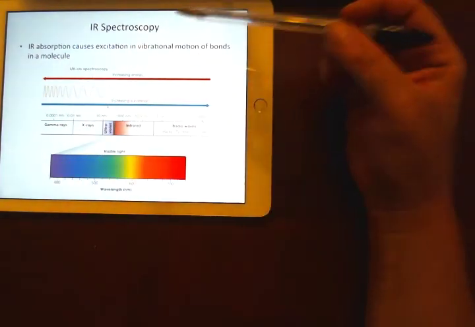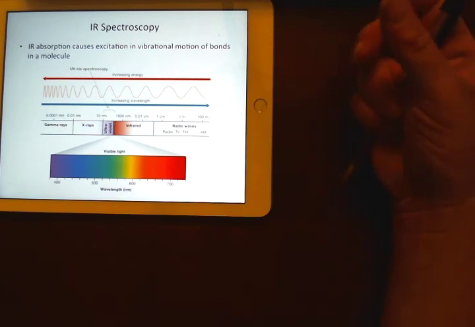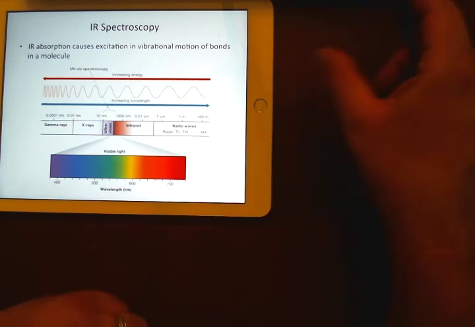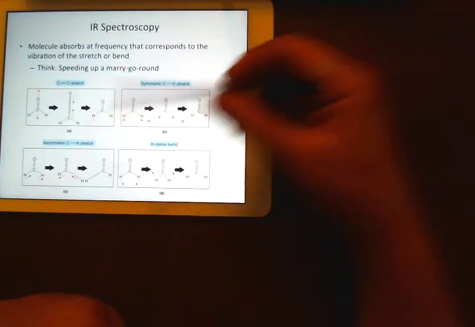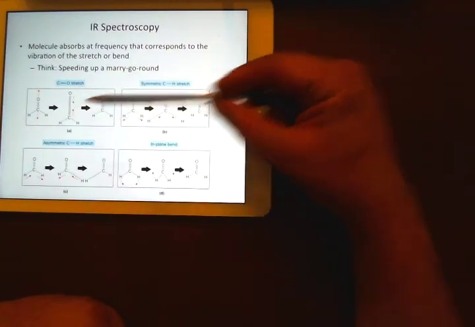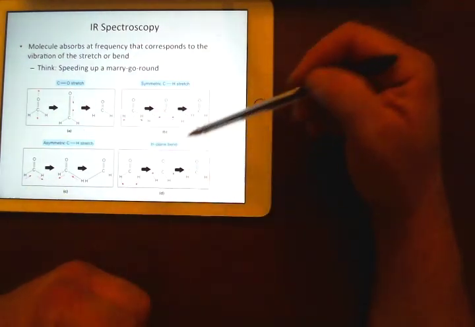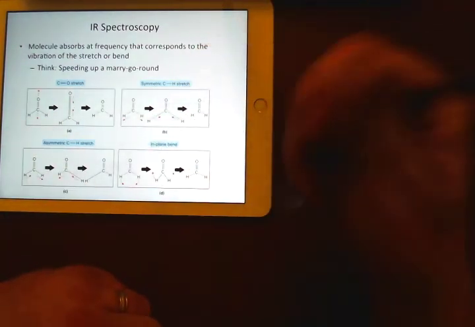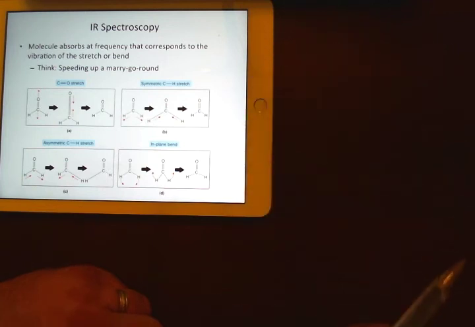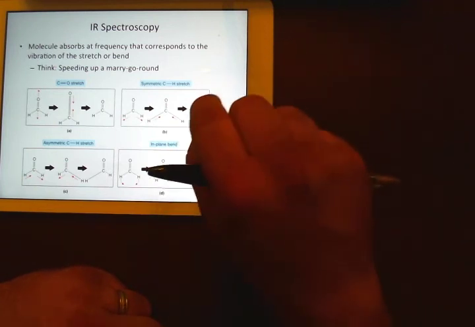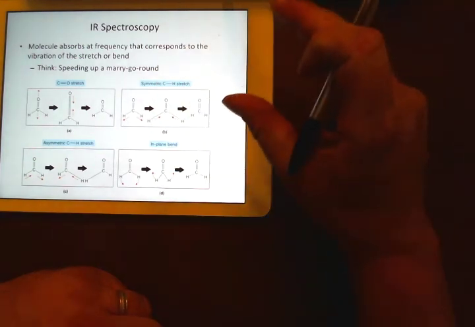So with that, this will excite the natural wiggling of those bonds. You get stretches and wiggles and asymmetric stretches and in-plane bending and all that sort of stuff. But these have very specific frequencies, and if you hit it with the right frequency of light, you can excite that.